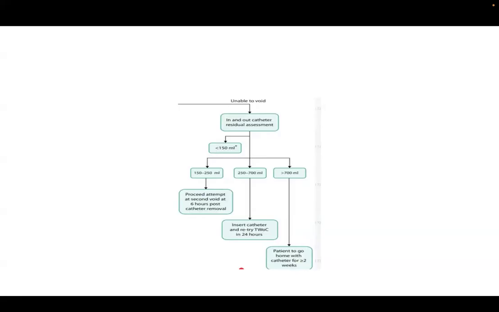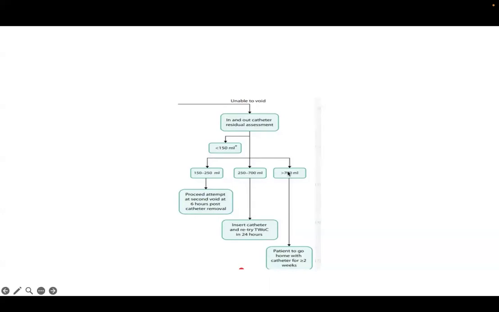We will attempt a second void at 6 hours post catheter removal. That is, we will give her another chance to void after 6 hours. If the residual volume is 250 to 700, we will insert a catheter for 24 hours and give a trial of removal after 24 hours.